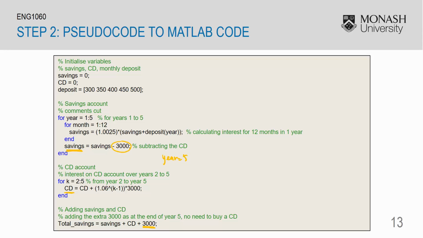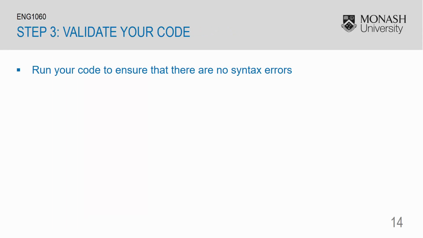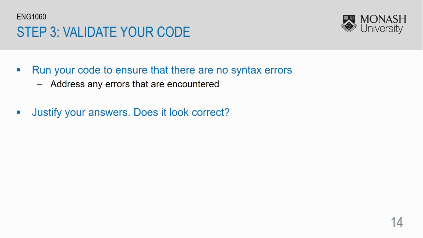and therefore it is crucial that we validate our code as a final step. So in order to validate our code, we can run the code to ensure that there are no syntax errors. If we encounter any errors, then we need to first address those. If MATLAB then provides you with an answer, we need to justify it. Does it look correct?